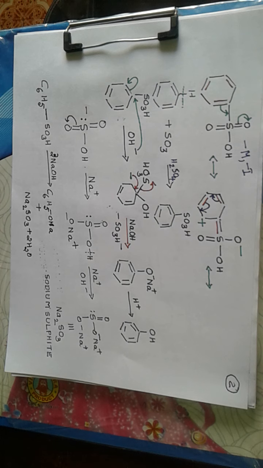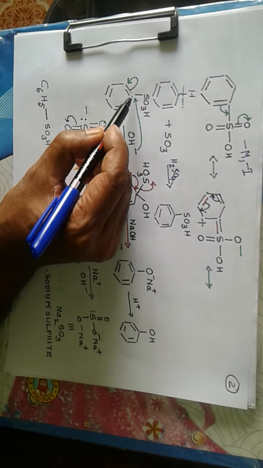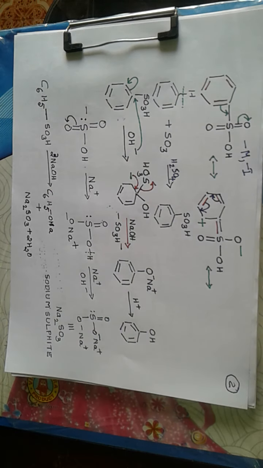Now SO3H is a highly electron withdrawing group, so this carbon will have positive character due to the electron withdrawing nature of SO3H by minus M and minus I effects.